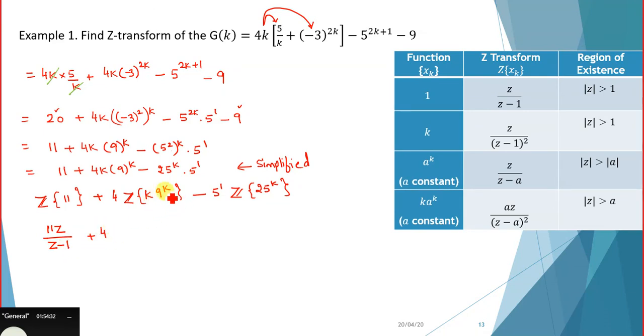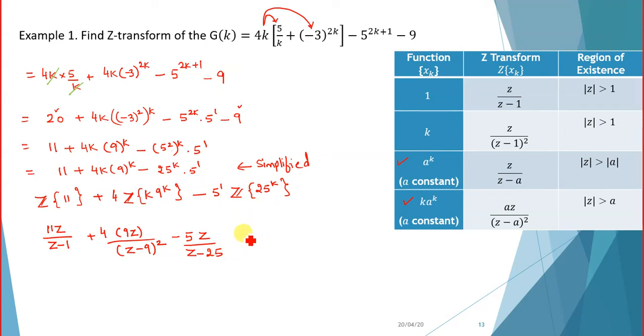For this one we will make use of the last rule. a is 9 here. So it gives you 9z over z minus 9 whole squared, minus 5. For this one we'll make use of this rule. z over z minus 25. So either you can stop here or you can simplify by multiplying 4 with 9.